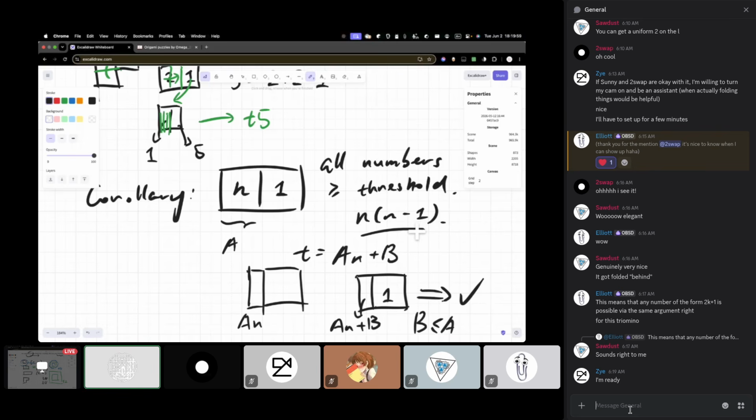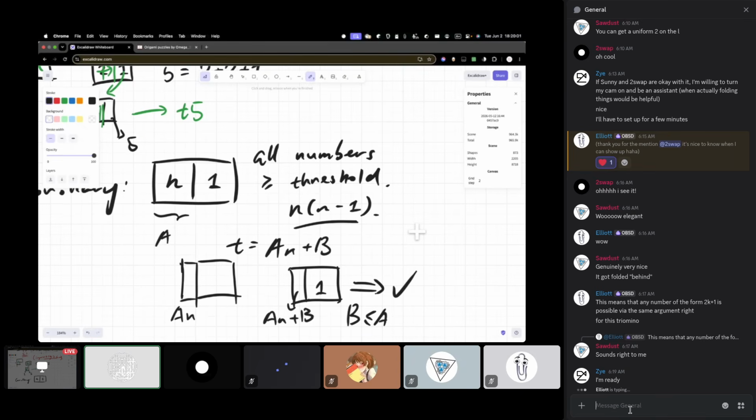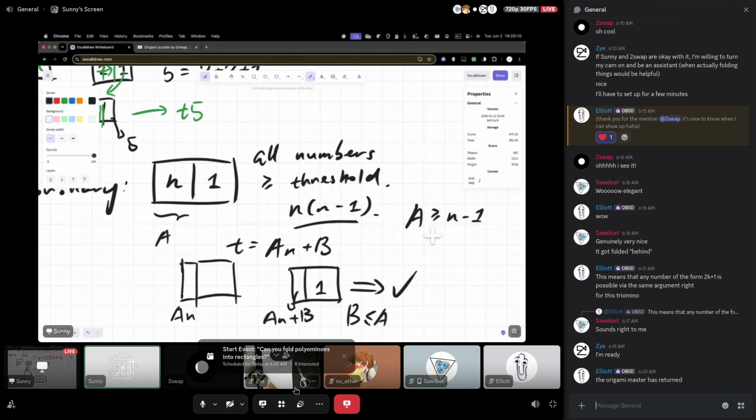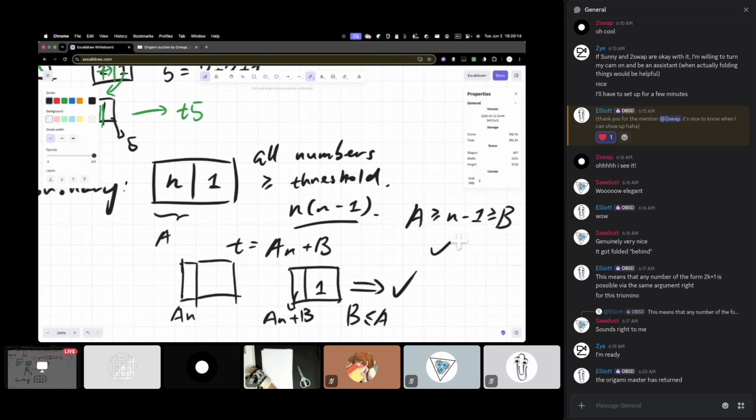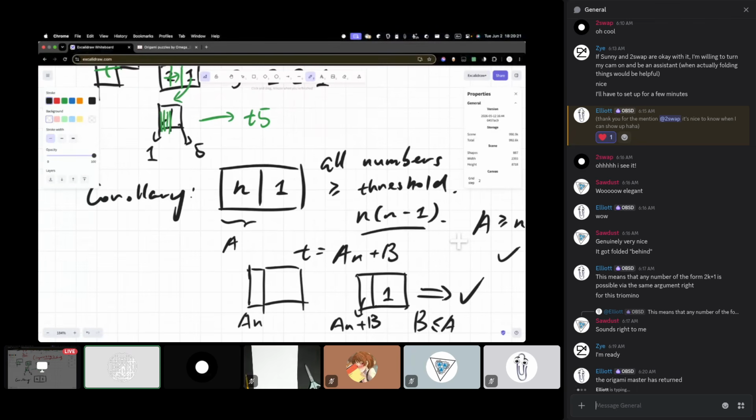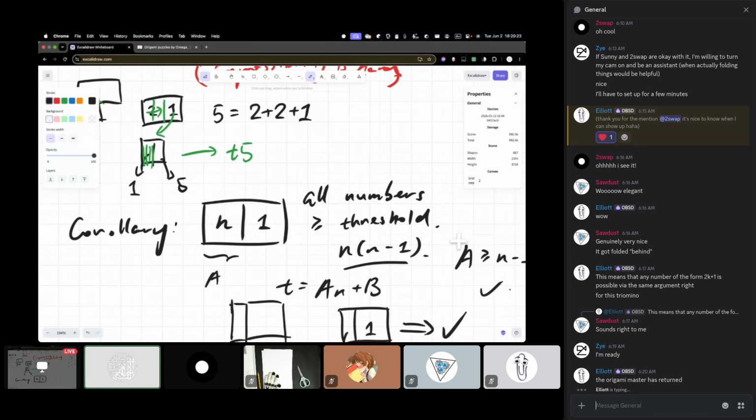But yes, with this threshold, if the thickness is over this threshold, then I can guarantee that a is greater than or equal to n minus 1, which is greater than or equal to b, which means that this always works. Okay. So here, this is the specific case of I can make this into a 2-1.